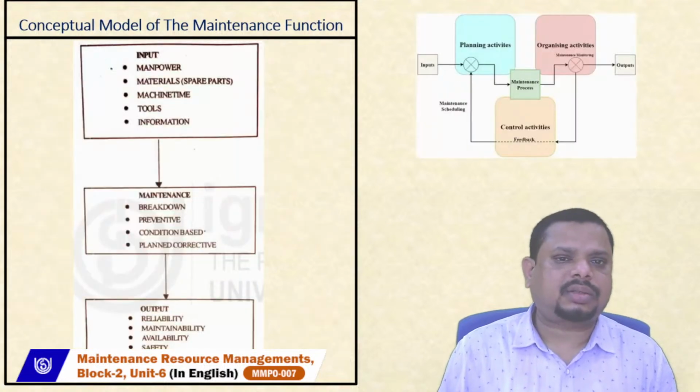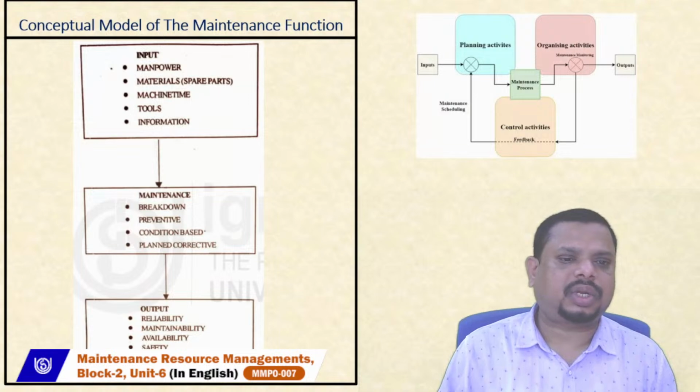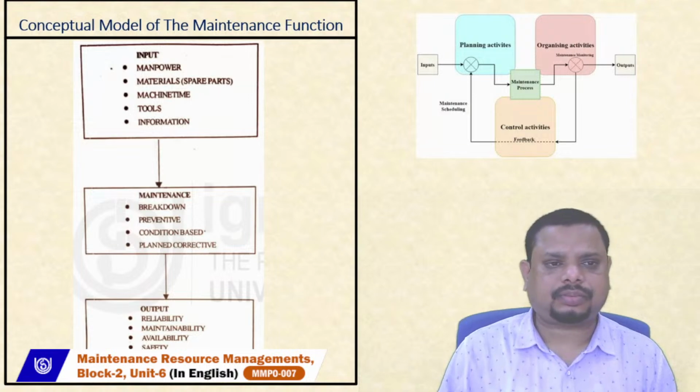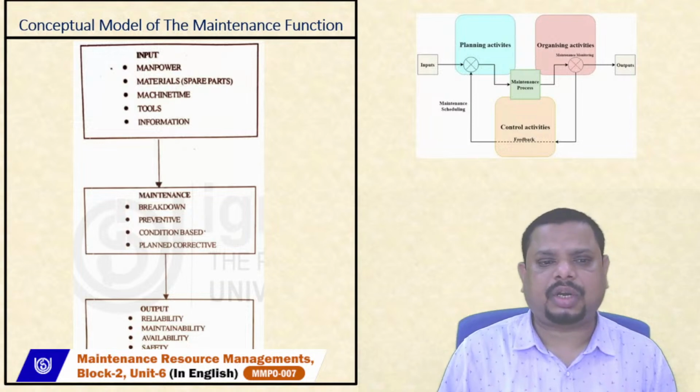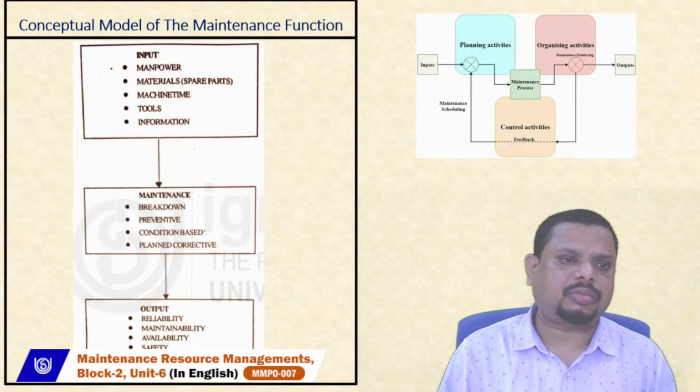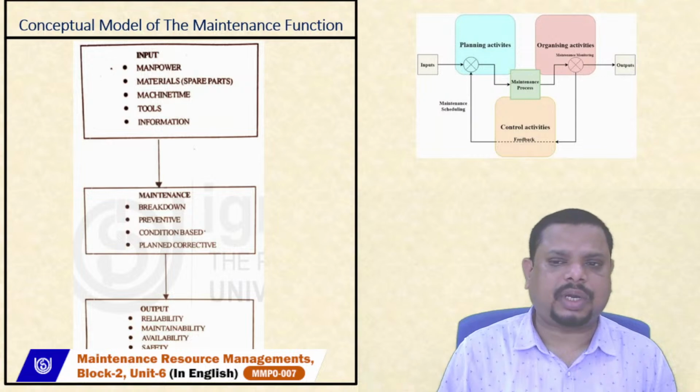Moving to the next one. So let's understand the maintenance functions. If you observe the figure on the left side, we have three important parameters: input parameters, maintenance parameters, and the last one, outputs. So whenever you develop a conceptual model for your maintenance functions, there are three important pillars. The first one is inputs.